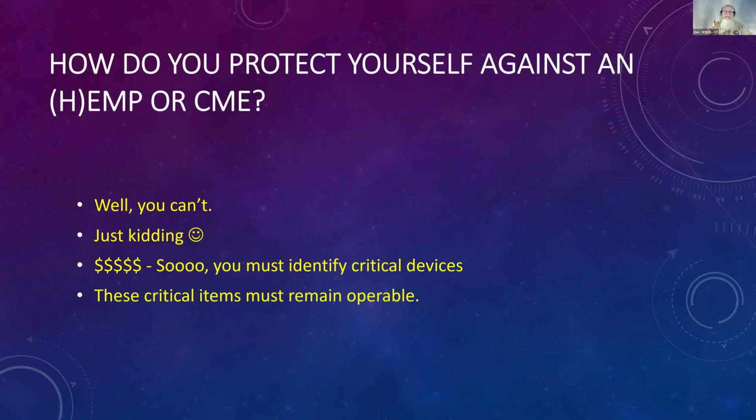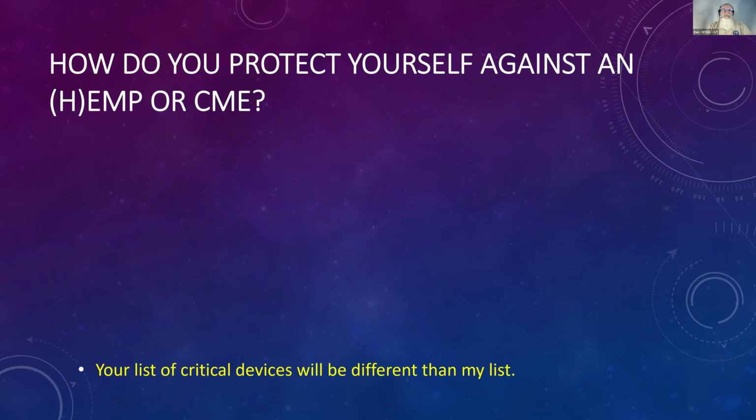And this is the art of protecting yourself from an EMP or a CME: knowing when the event will happen. And that's the whole issue. That's the whole crux of the problem. We don't know when it will happen. And so you have to make some decisions.